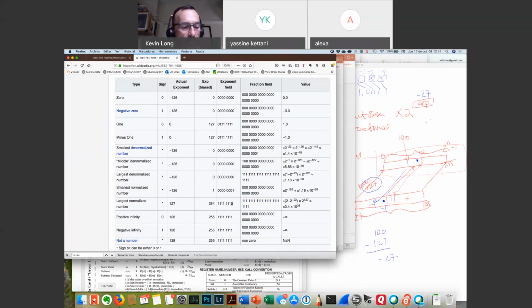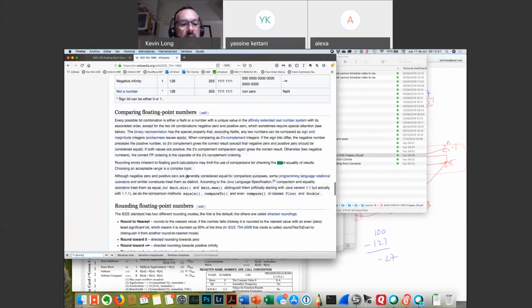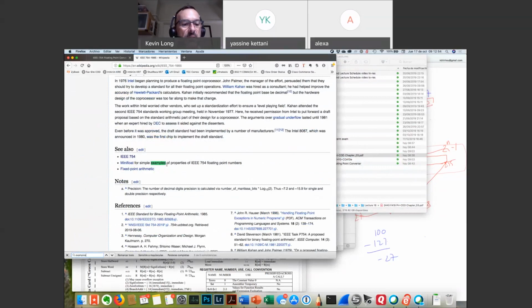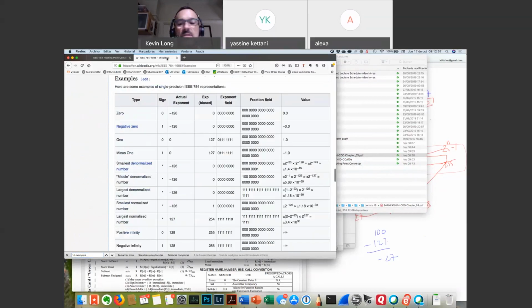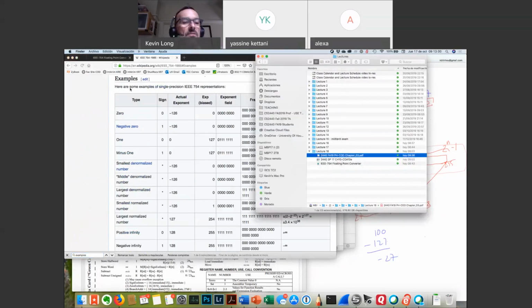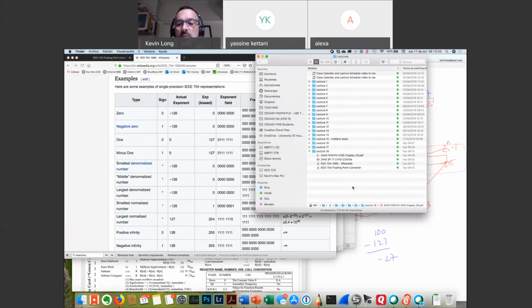So I'm going to drop this into the folder for you. See if there's a spot up here that says examples. I'll change the URL a little bit, so it should take you straight to this table. And I'm going to drag it into the folder for you there. All right.